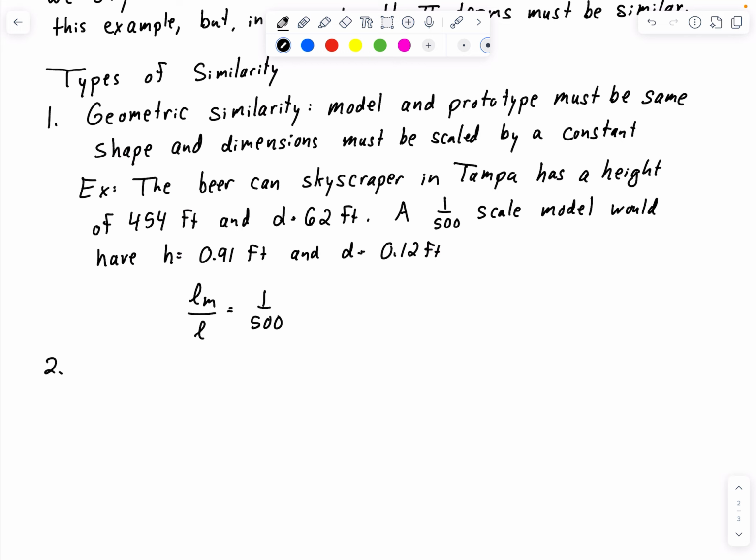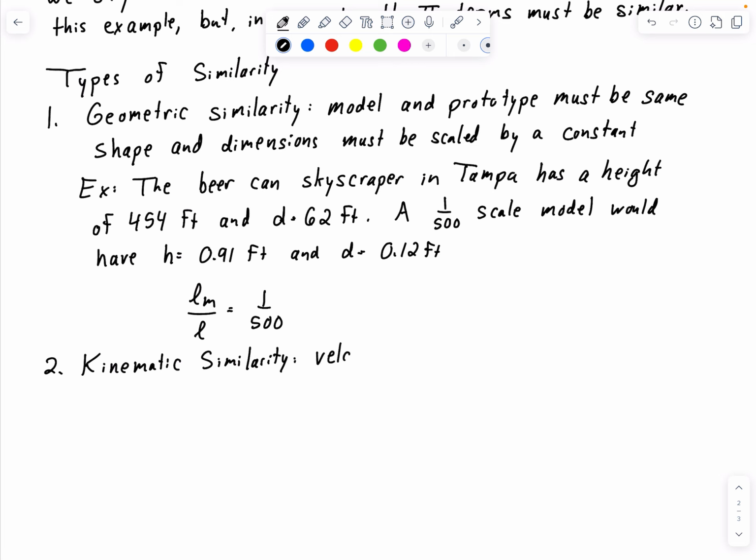That's a pretty common one that you have to enforce. The second type of similarity is kinematic similarity. And this refers to the velocities being in the same direction, but only differing by some constant scale factor.